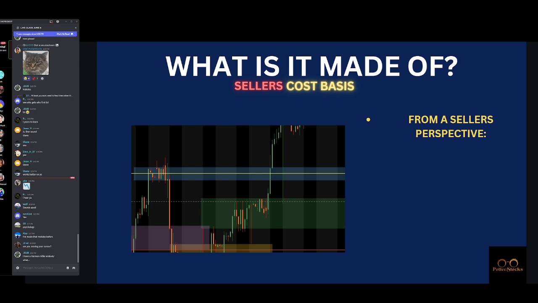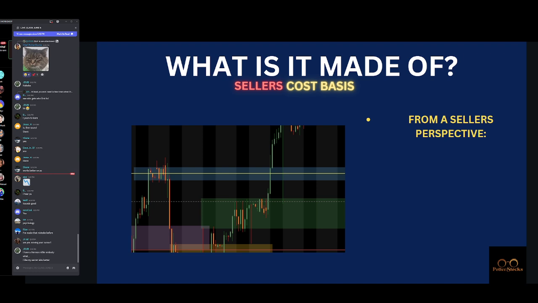When you see price move down rapidly and then jerk itself back up, if you put yourself in the shoes of a seller, this is a terrible place to be, because this is what allows price to move so quickly, so fast. Because let's put ourselves in the position of a seller, right? Your average is up here.